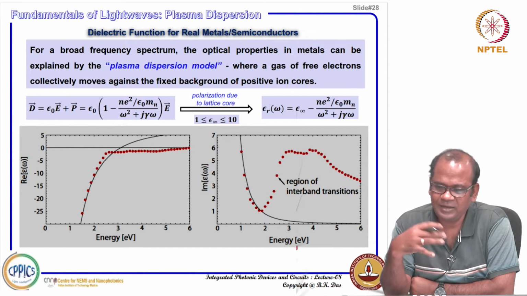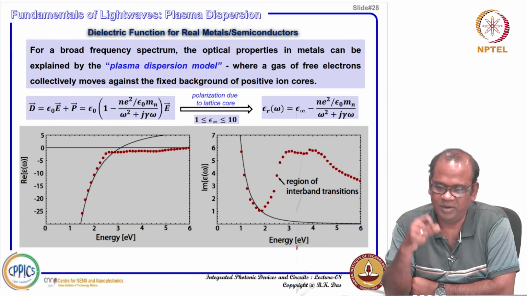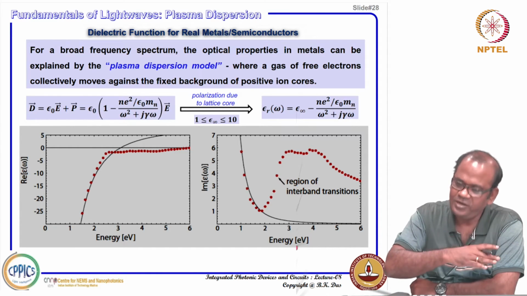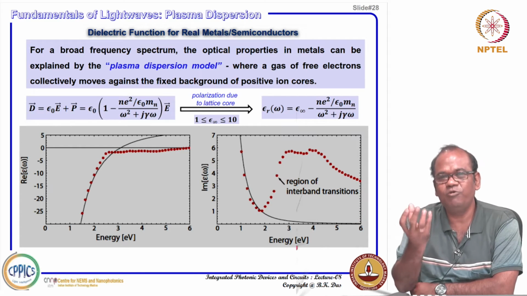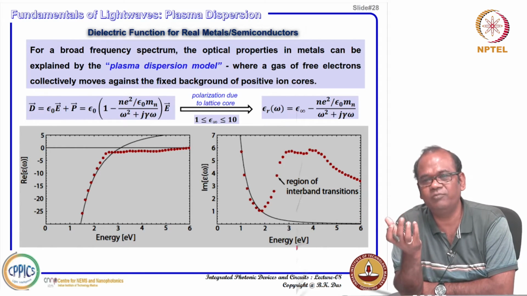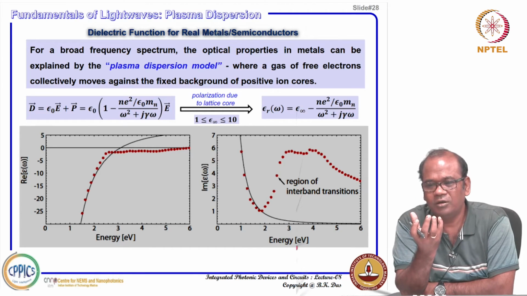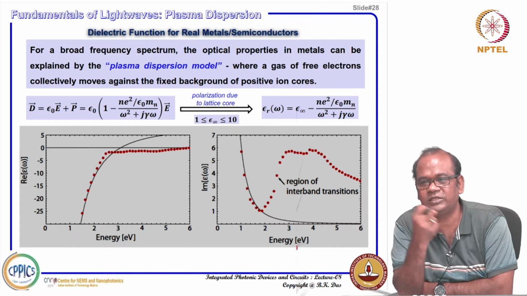But in practice, for example a semiconductor or a heavily doped semiconductor, you have plenty of free carriers, but apart from that you also have the ion core. This ion core can create some kind of dielectric polarization.